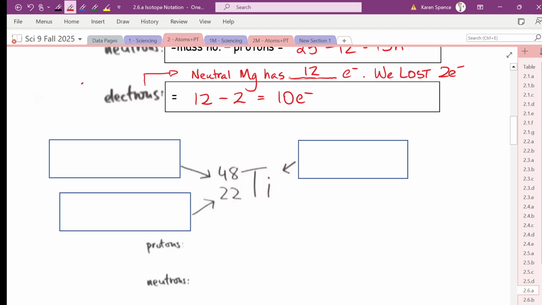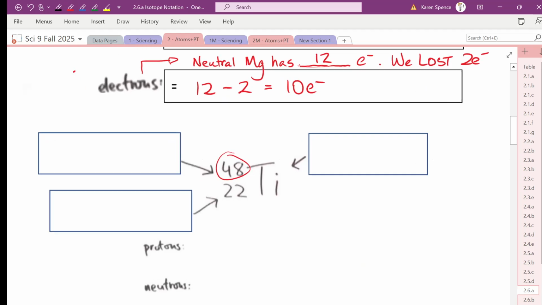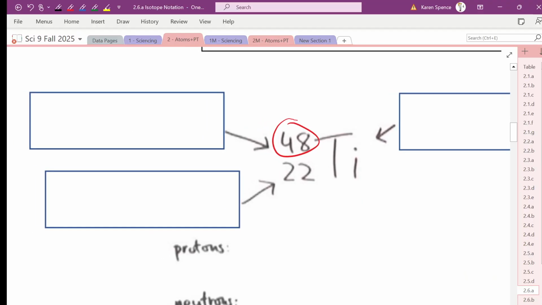What number is on the top? What is this 48? That 48 on the top is the mass number. Tell your partner, what does the mass number equal?